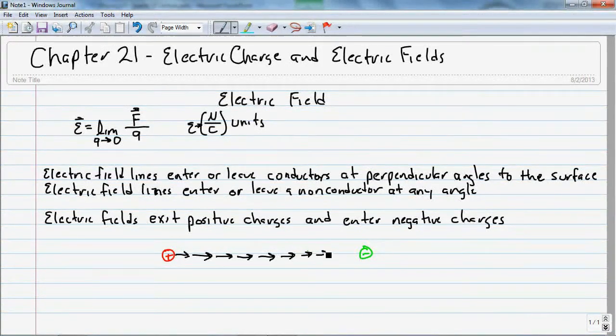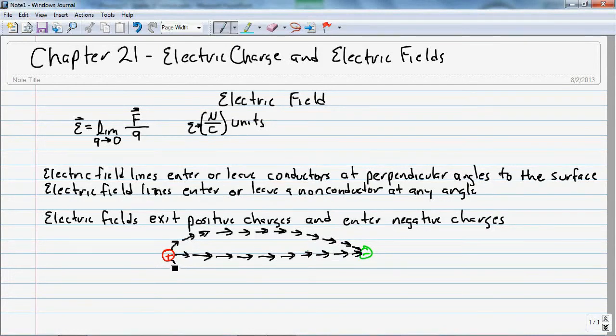And in this case, I just go straight out from the positive charge at a perpendicular angle, and then it's going to bend so that it comes into the negative charge at a perpendicular angle.